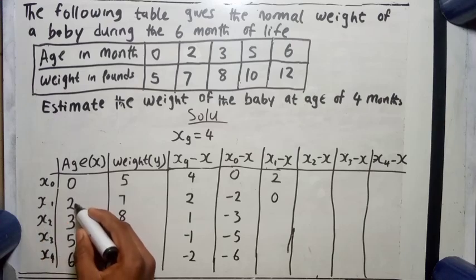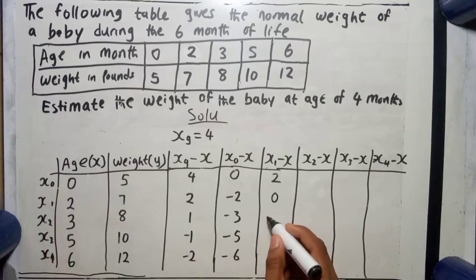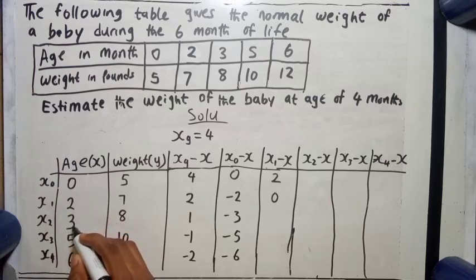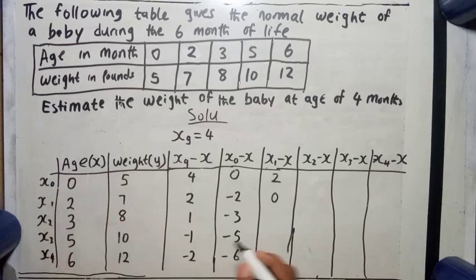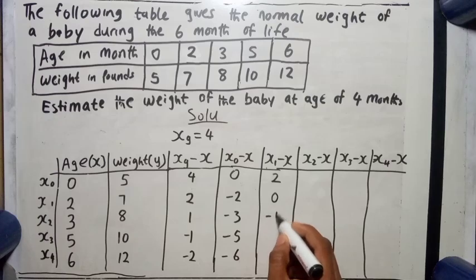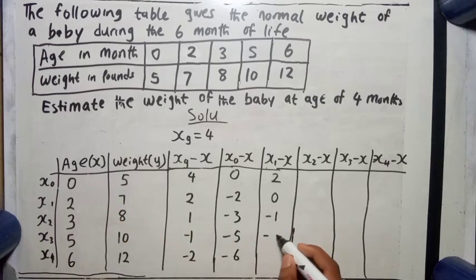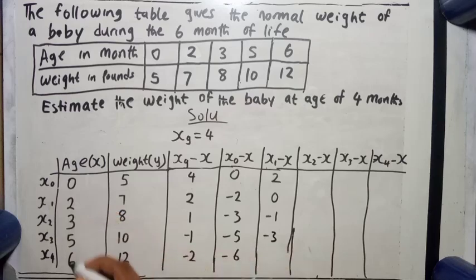Next one, x1 with minus 3, that's 2 minus 3, which is minus 1. Then 2 minus 5 will be minus 3. 2 minus 6 will be minus 4.